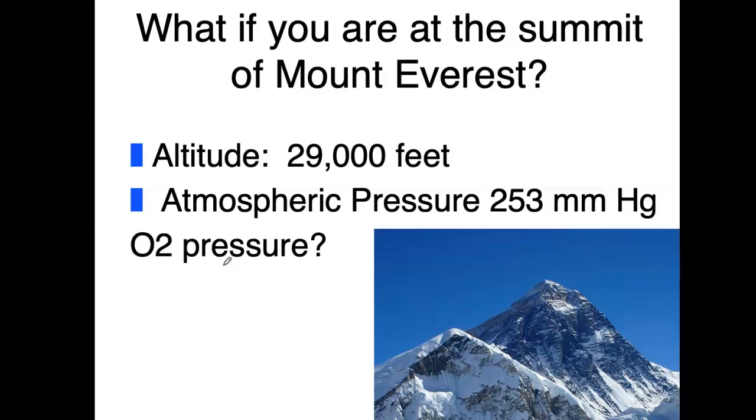Then the oxygen pressure at that level, if you do your math, is only 53 millimeters of mercury. Very much lower. And you'll see after we continue this lecture or the next mini lecture how crucial that is. That is barely enough to have sufficient pressure to cross the alveolus and get into the capillary.